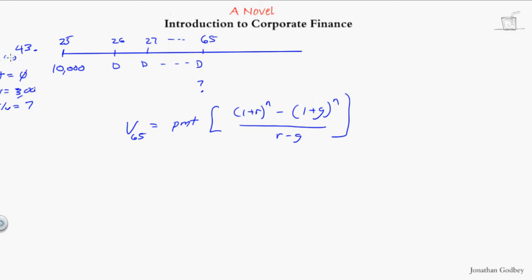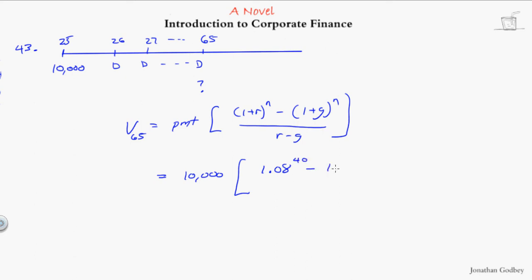So the payment here is $10,000. The interest rate is 8%, 1.08, and that's 40 total years.